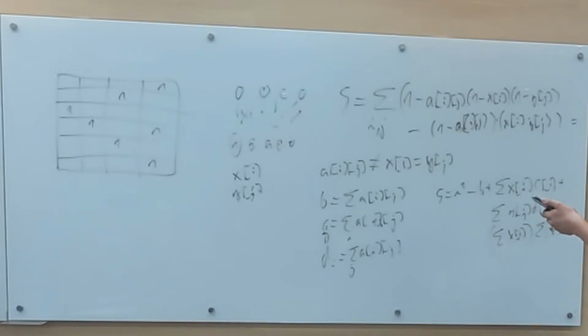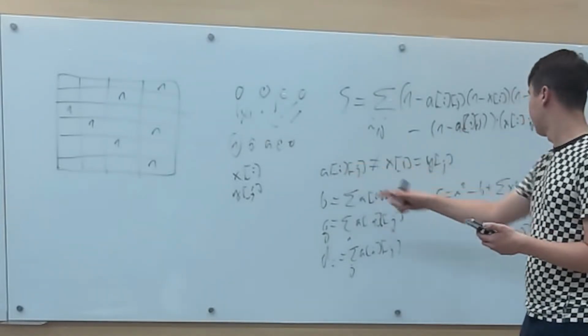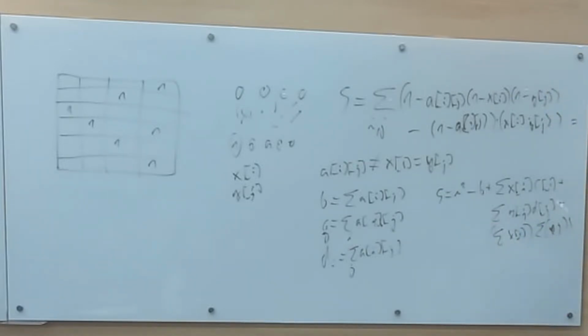Okay, so basically, this means that by analyzing this formula further, sorry for skipping much, we will see that we always want to pick some of those xi's and yi's. We want to pick a prefix of columns and a prefix of rows, and to be able to do that selection quickly, we'll need to maintain a few segment trees.